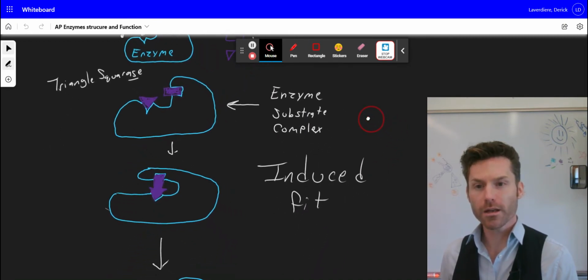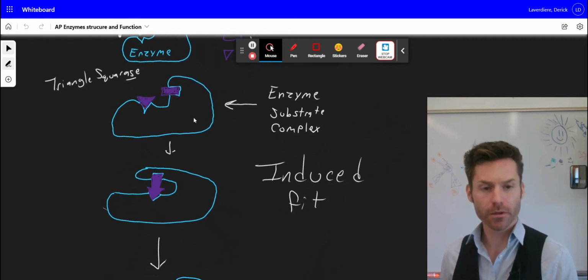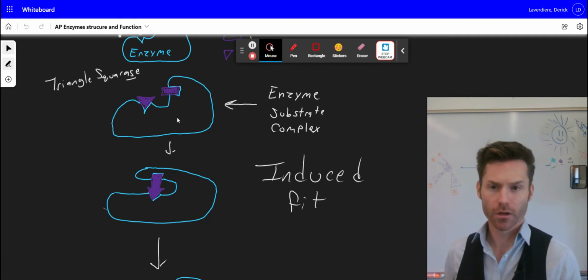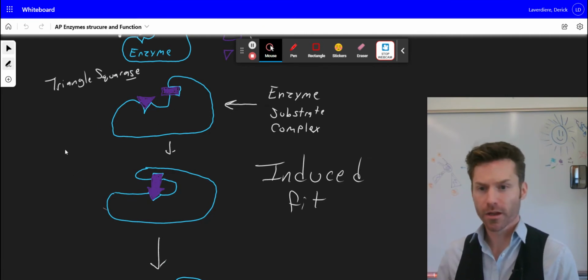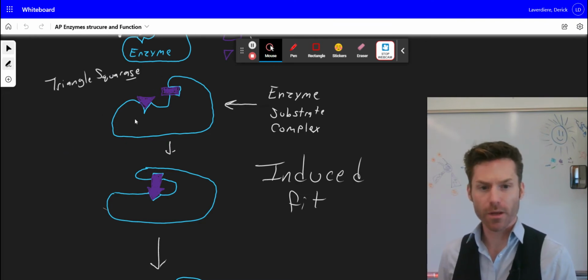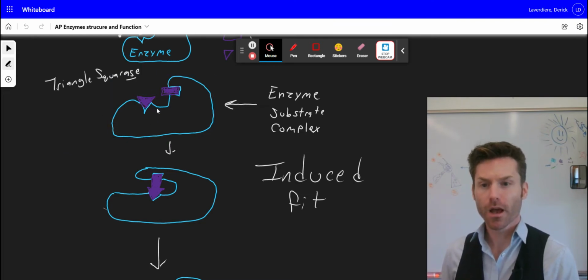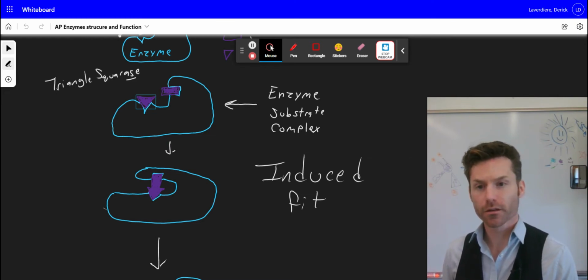So these substrates are floating around, and the enzymes are floating around within the cellular regions. When they bump into the right spot, the triangle will fit into the triangle active site.